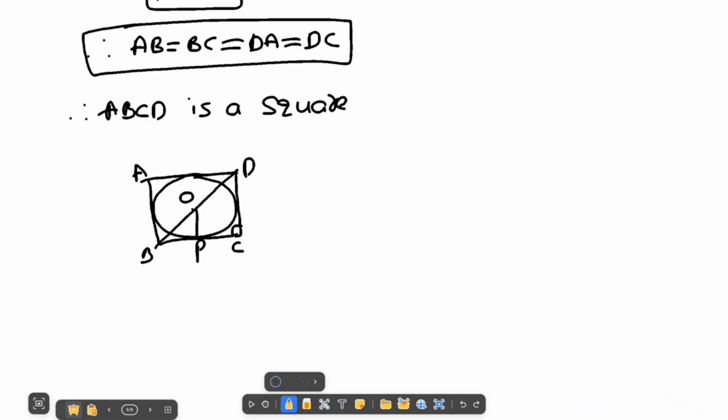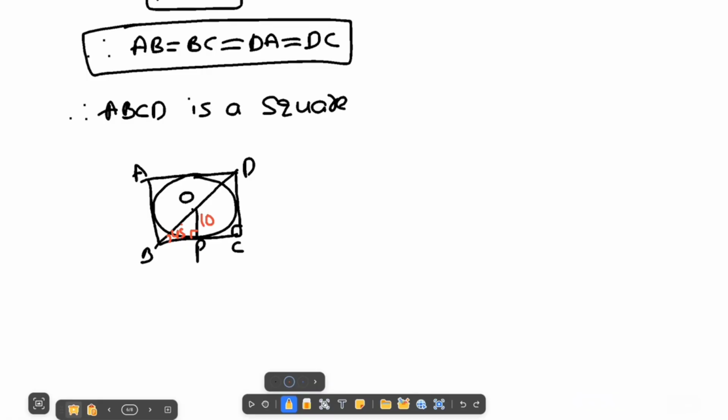The diagonal of the square bisects the angle at the vertex, which means angle B is 90 degrees in total, so it will bisect into 45 degrees. And the angle at P is 90 degrees because the angle between the tangent and the radius is 90 degrees. And we know OP is 10.